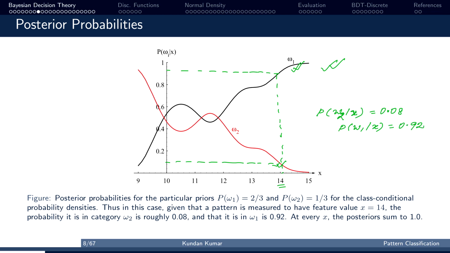So here, if any fish comes and its lightness value is 14, then we can say that fish belongs to the class omega 1. That means the probability of occurrence of this fish as sea bass is maximum. So we will decide that if any fish has lightness 14, then the fish will be sea bass.